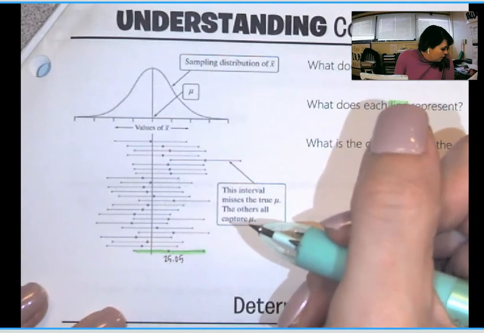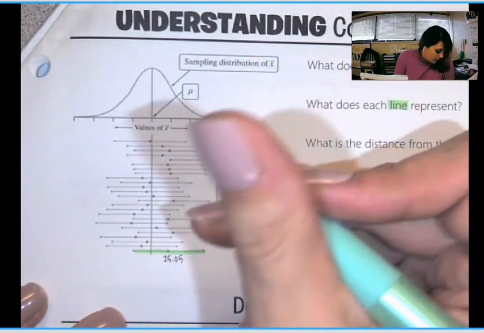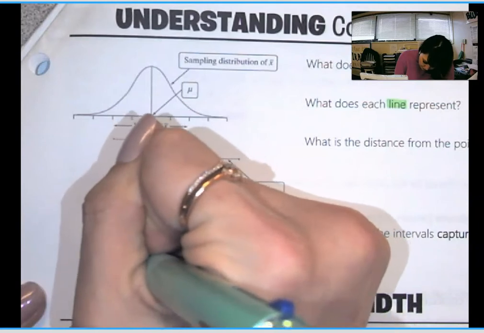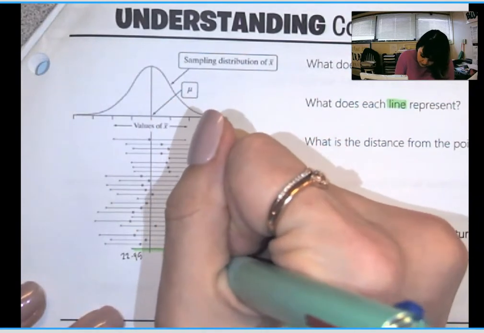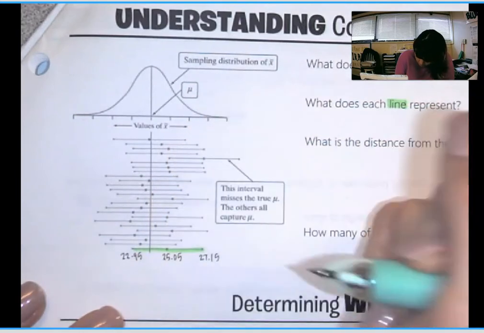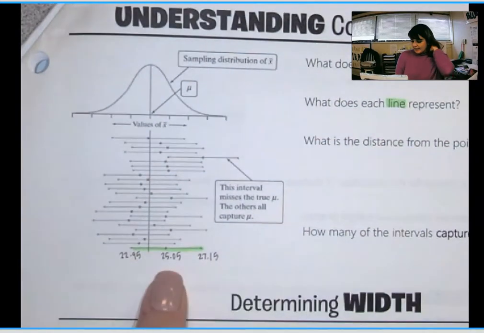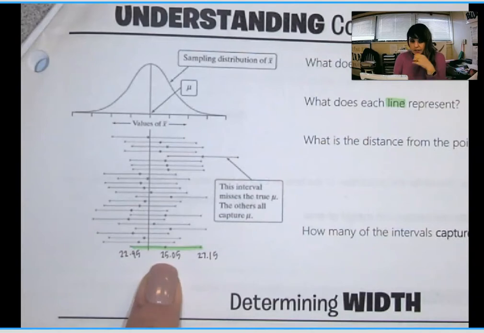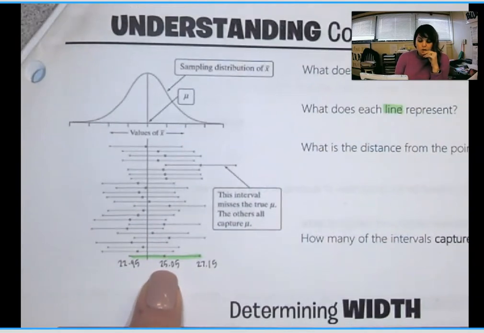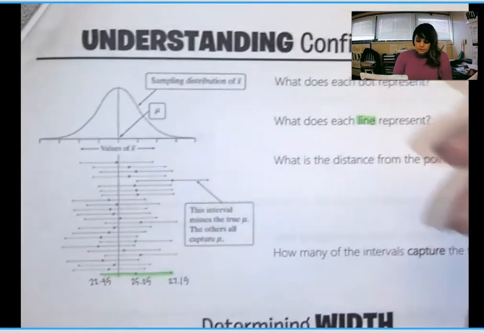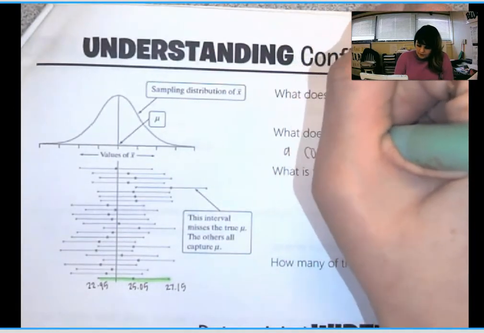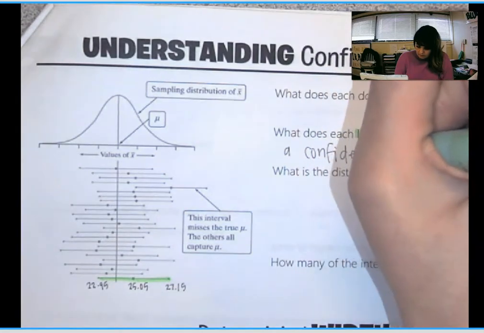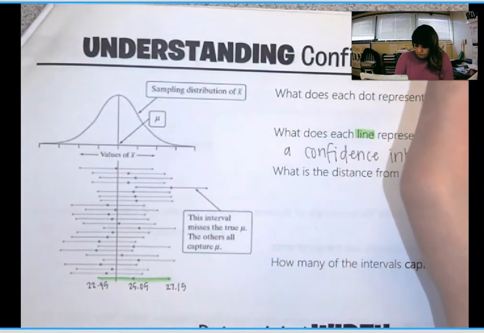The lower bound is 2295, and the upper bound is 2715. So each line represents a confidence interval.